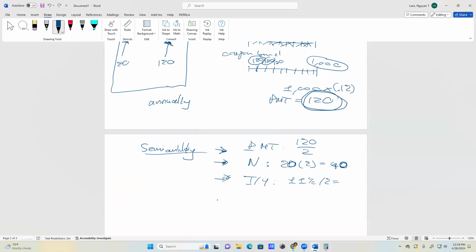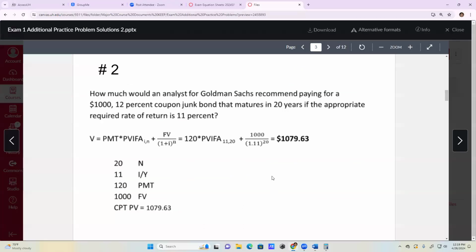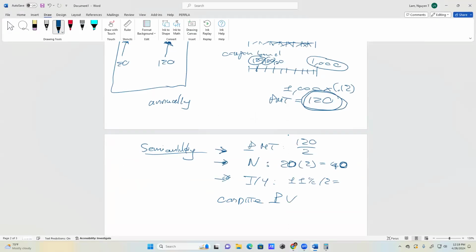Okay. And then if you hit compute, let's say right here is how much it recommends, right? So it's asking for present value. So if you hit present value, it's going to give you the price. It's going to give you the amount. If further down I see any complicated problem related to this, I'll talk more about it.